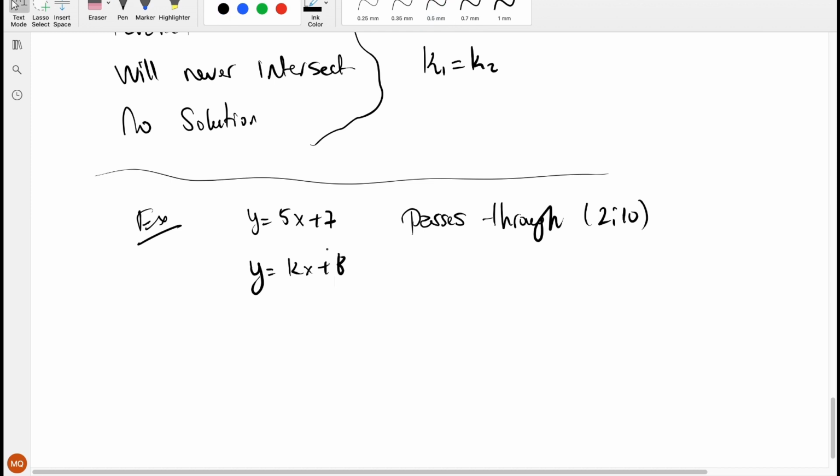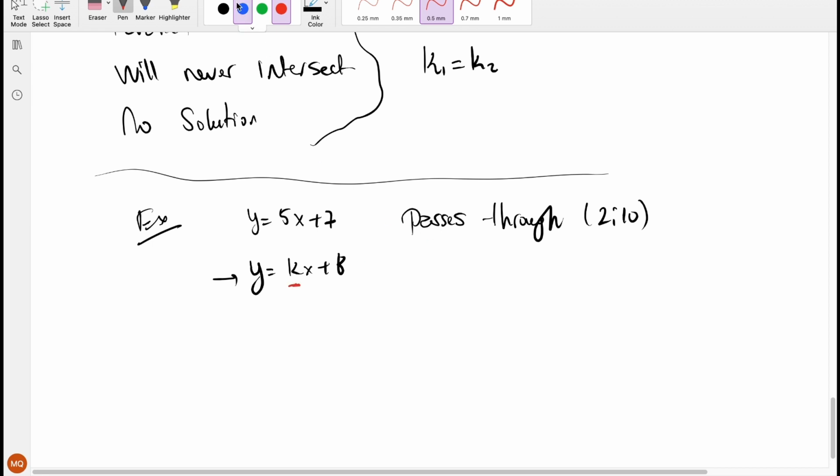It is the general form. When we are talking about a line, a question related to a linear function, think of this form y is equal to kx plus b, then think how to find k and b. Okay, here we cannot find b because we don't have enough information right now. You can put this point here, but we don't know k. So first we have to find k.